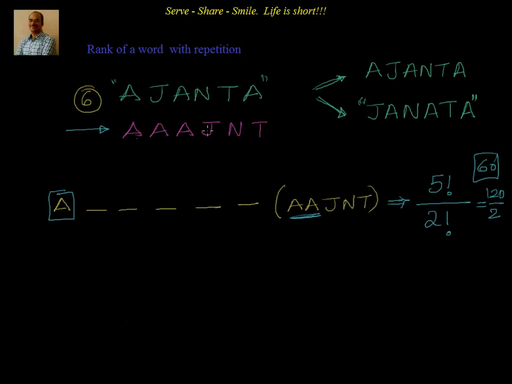After A, the next one is J. Actually, we want J, so we will strike off J. Whenever you find a letter of the word whose rank you want, you have to go back to the start, because that's how it is in a dictionary. If you take the letter P, you start with PA, PAA, PAB. You understood that?